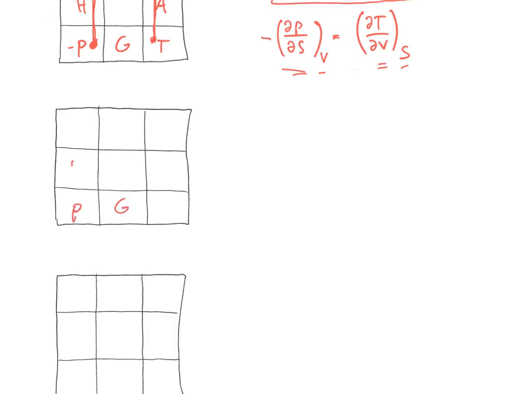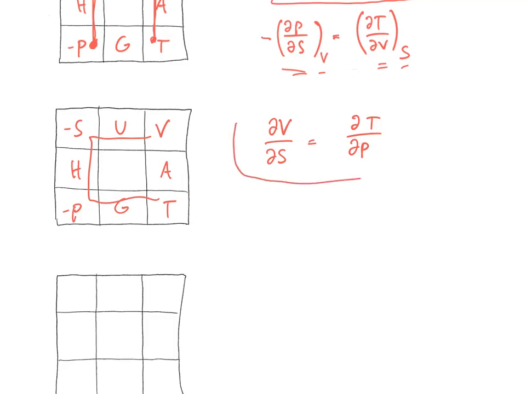Good professors have studied under very ambitious teachers. Negative signs there. Let's make a U-shaped object going this way. What the heck? All right, so that's going to turn out to be dV dS equals dT dP, because remember we're going in this order like that, with that U-shaped object.